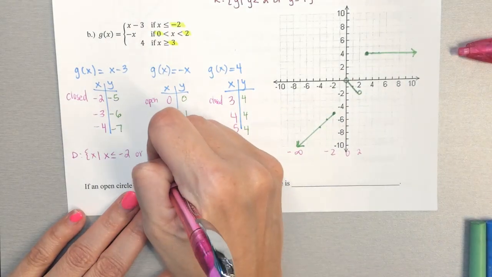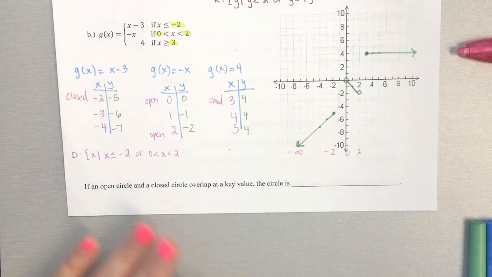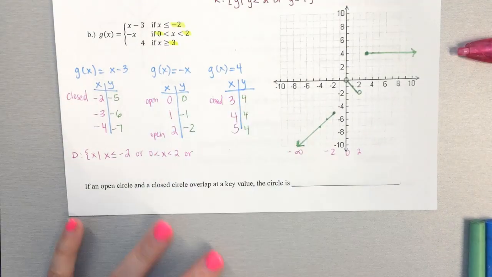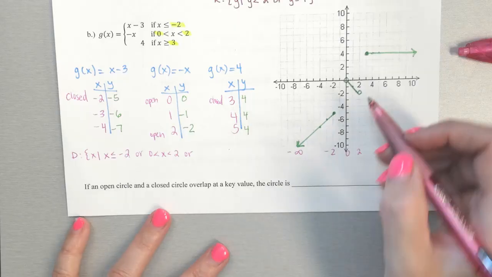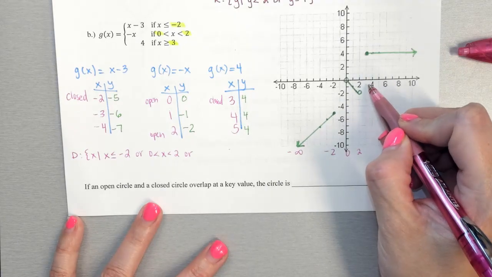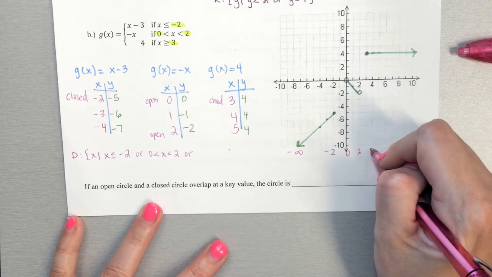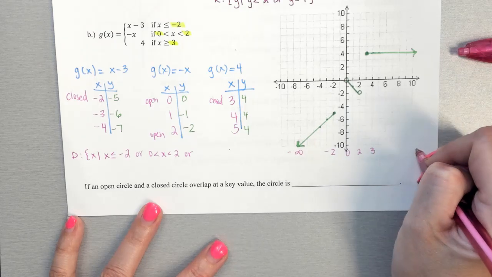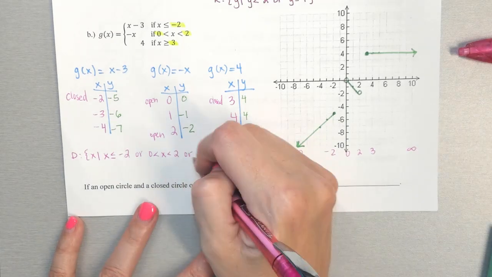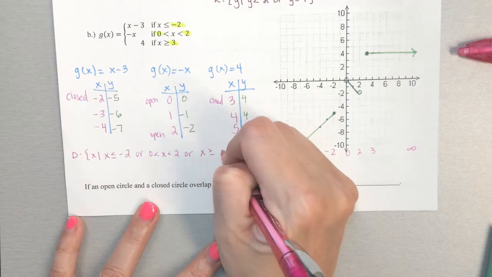So if 0 is less than x, which is less than 2, or it picks back up here at 3, and it goes to positive infinity. So x is greater than or equal to 3.